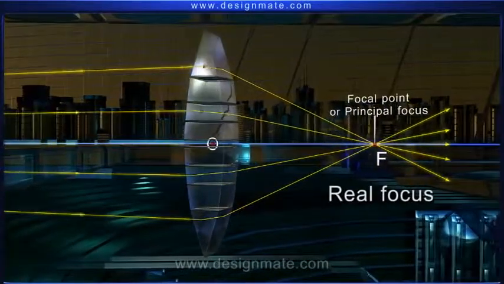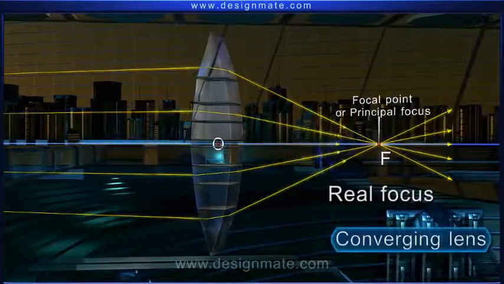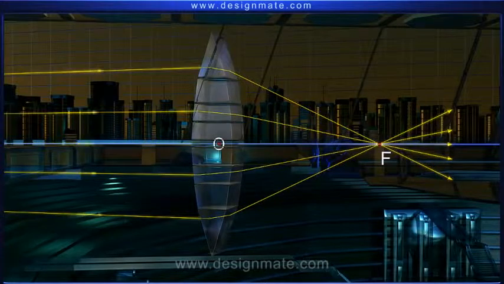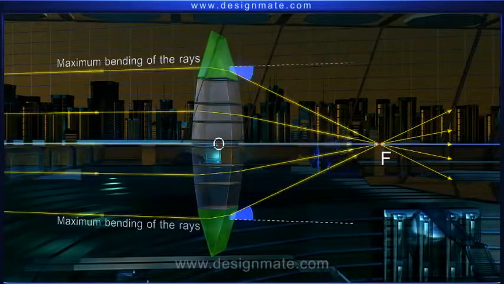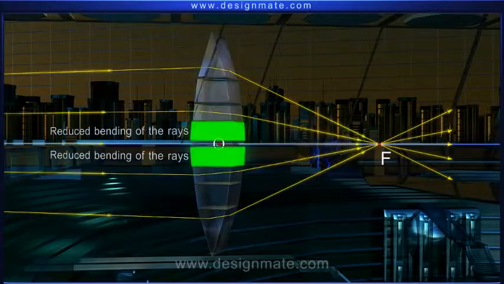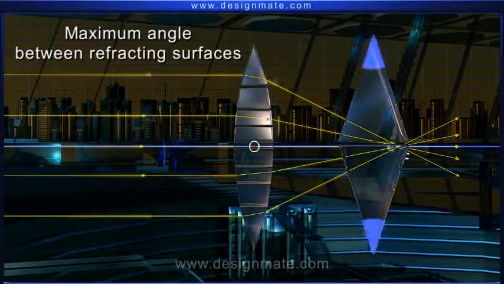Because a convex lens converges the light rays that are incident on it, it is called a converging lens. We can see that the bending of rays is maximum at the top and bottom prisms, and it reduces as we move towards the principal axis. This is because the top and bottom prisms have the greatest angle between the refracting surfaces.